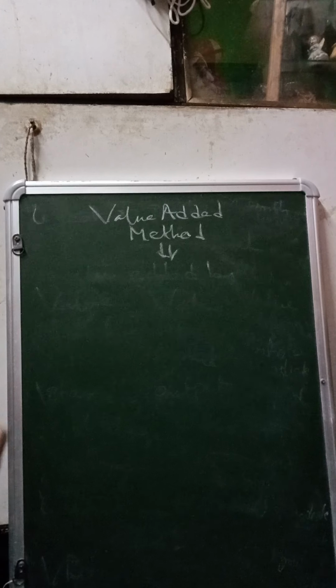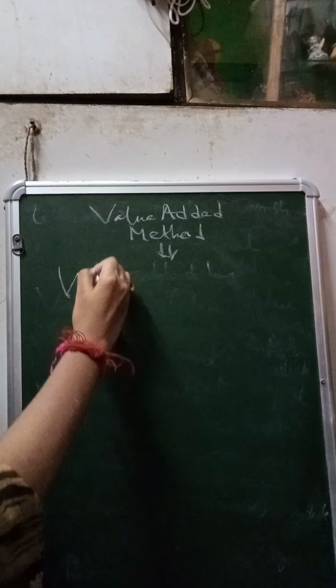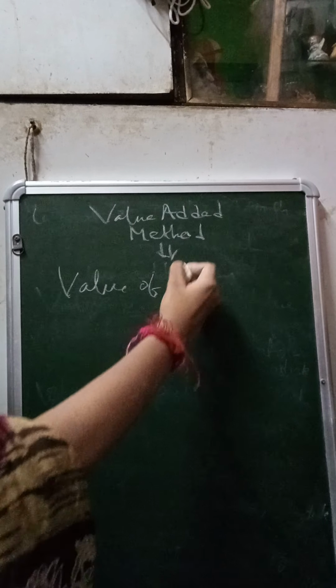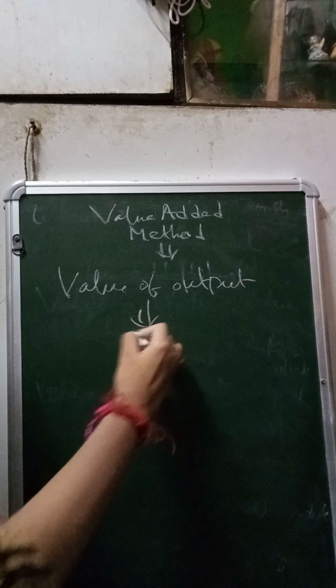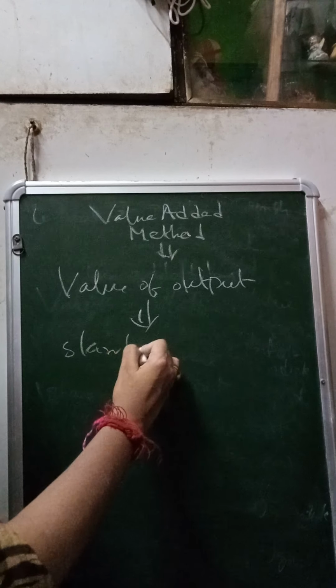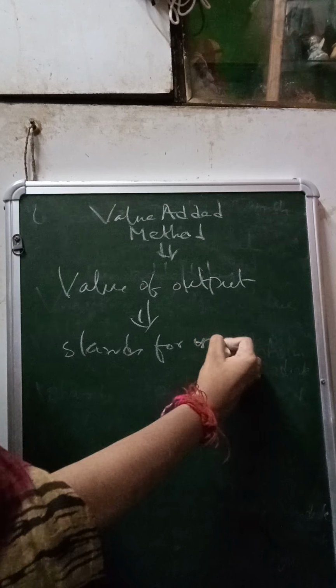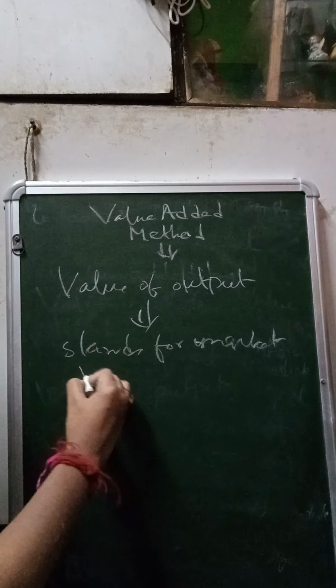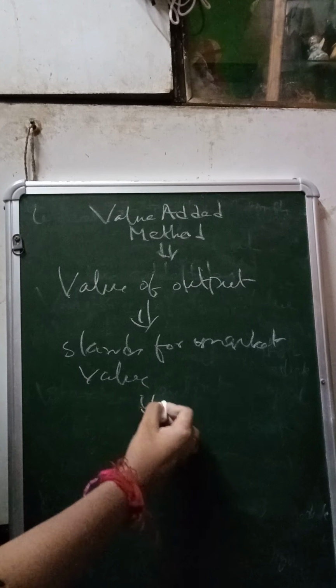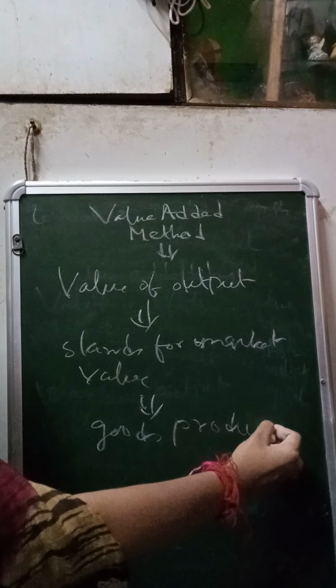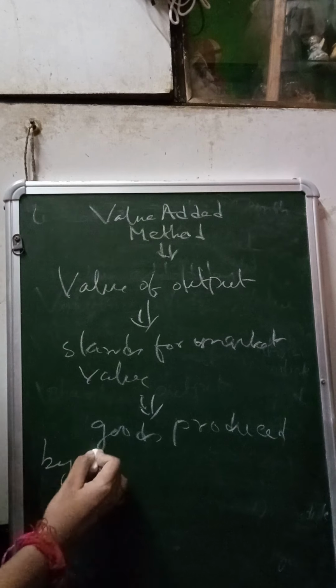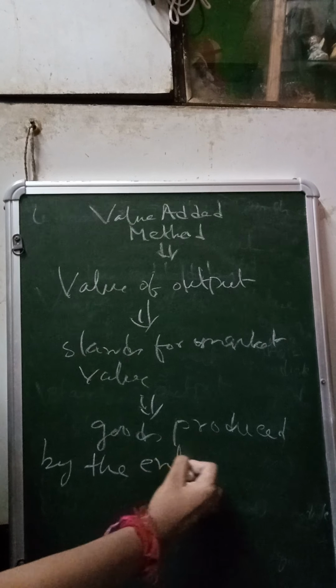Now the word value of output means the market value. The value of output actually stands for the market value of goods produced by the enterprises during a year.